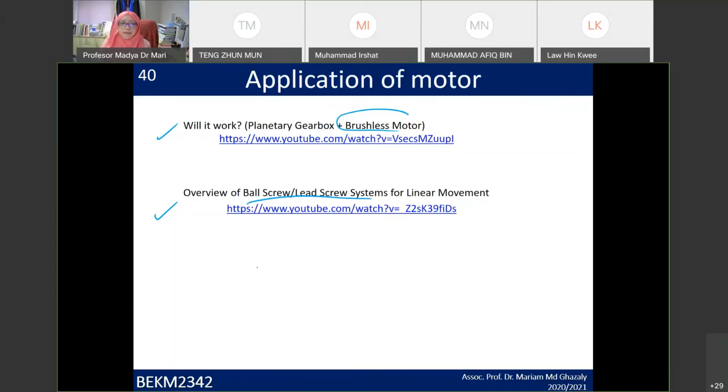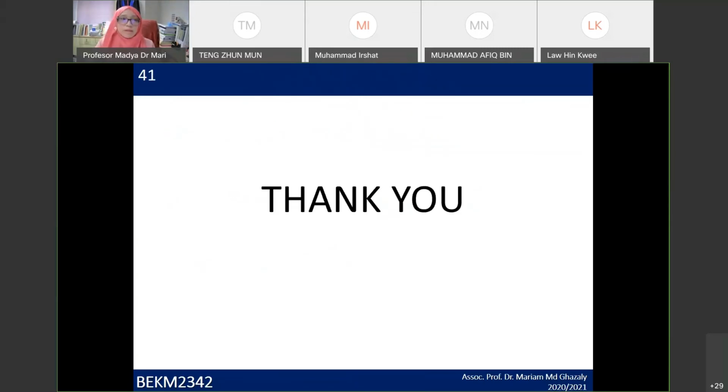The DC servo motor gives rotary motion, but you transfer it to linear motion. So how do you apply or assemble it? That will be all for chapter 7.